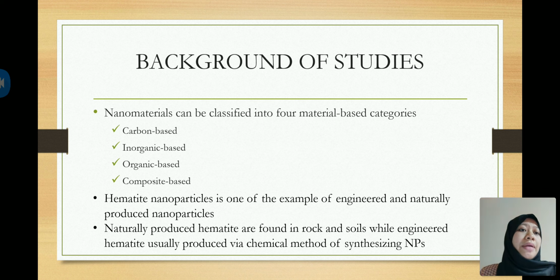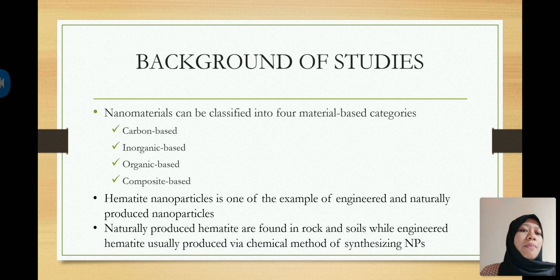They can also be classified into four material-based categories: carbon-based, inorganic-based, organic-based, and composite-based. Different materials and origins will lead to different morphology and size of the nanoparticle itself.